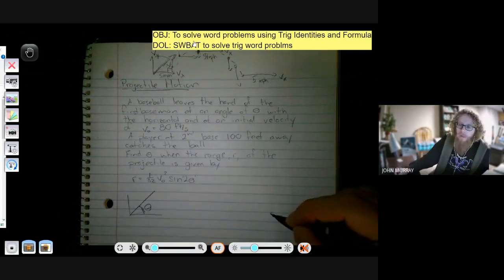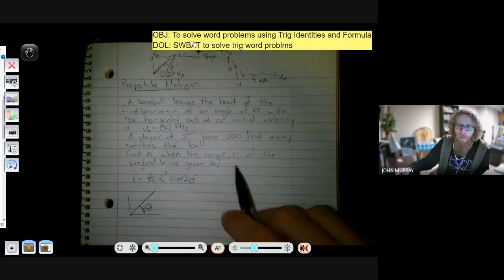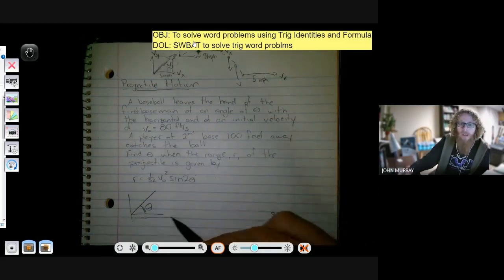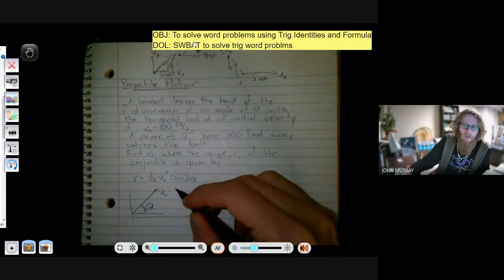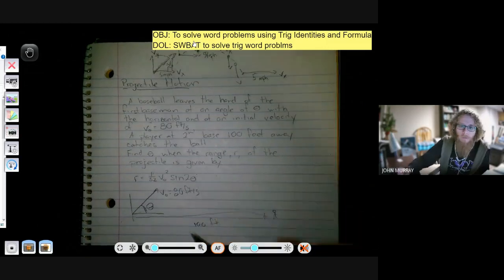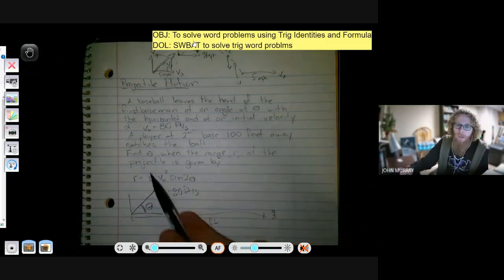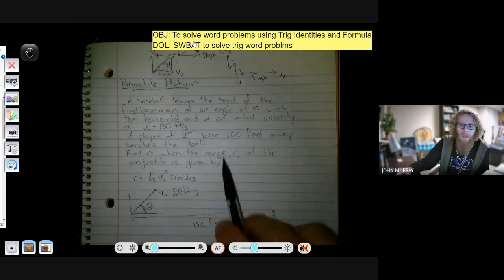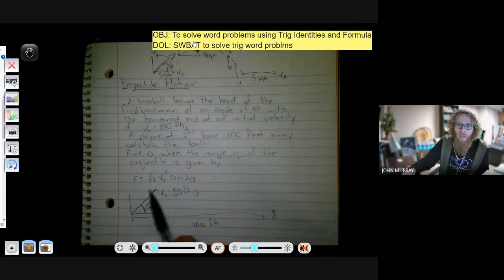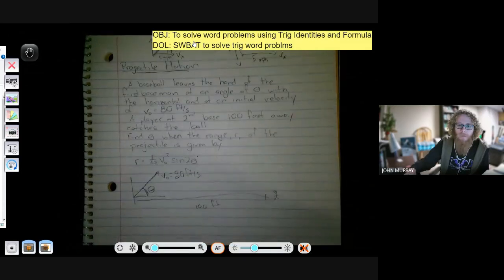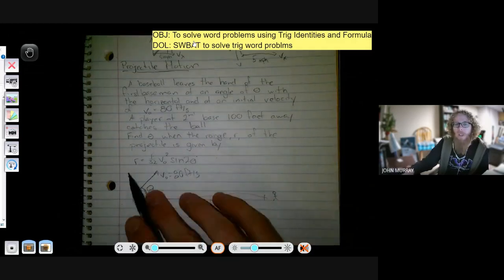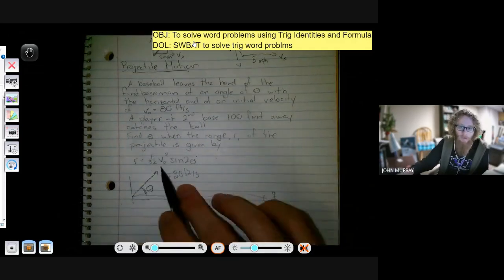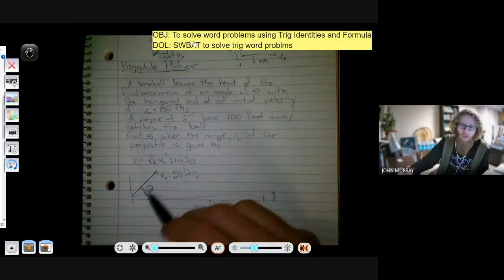The player at second base, okay, so some guy over here, which is 100 feet away, catches the ball. We want to find the angle when the range of the projectile is given by this equation. All right, so there's not many things in here, okay? We have the r, the range, the v naught, the initial velocity, and we have our angle theta that it's thrown at.